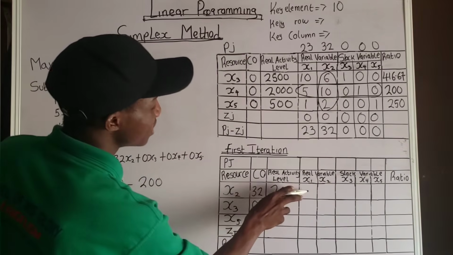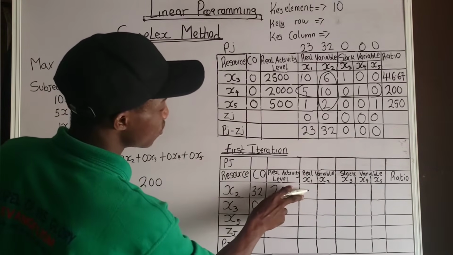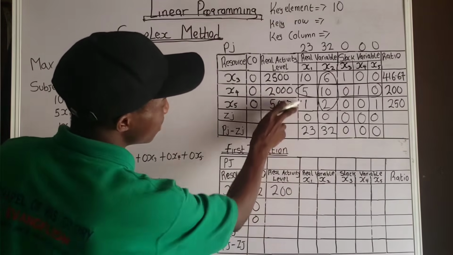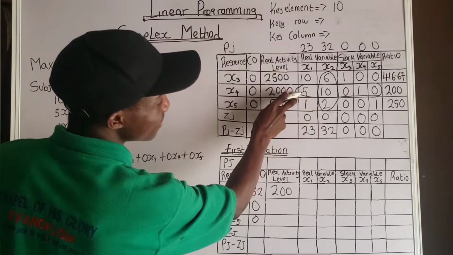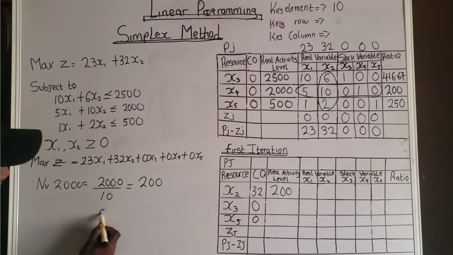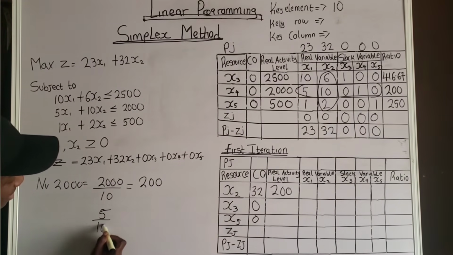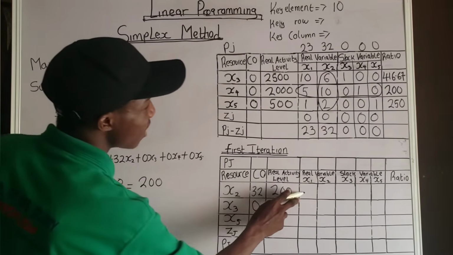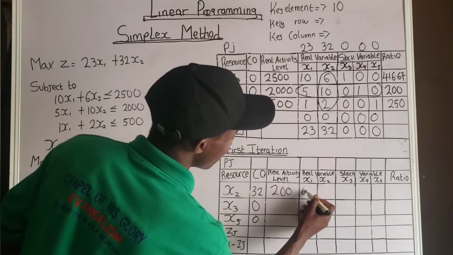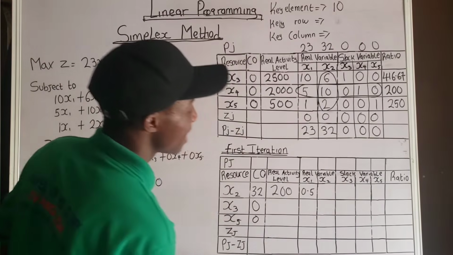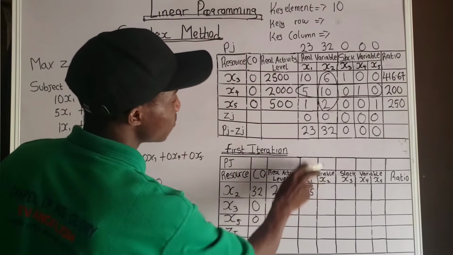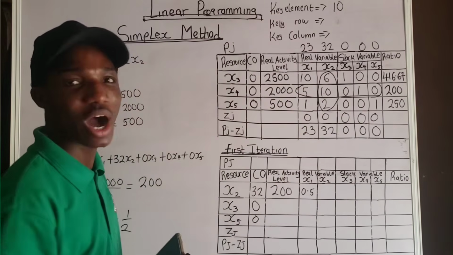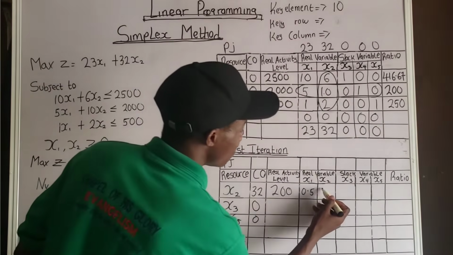Okay, let's proceed to these cells. To get the new value of these cells, don't forget that the old value of the cell is 5. So I'm going to have 5 divided by the key element, that is 10. So the new value of these cells is what? 0.5. Okay, to get the new value of these cells, the old value is 10, so 10 divided by 10 will be 1.